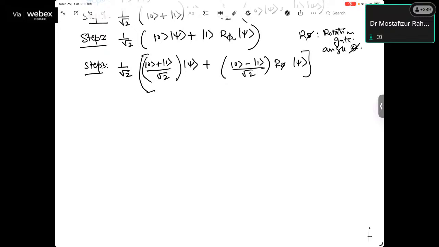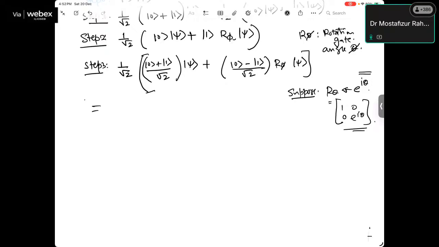Now it will do all the changes, right? Suppose I'm just writing r theta as e to the power i theta, because anyway this is equal to the matrix 1, 0, 0, e to the power i theta, right? This is the gate. I'm just replacing this matrix with this scalar quantity for easier calculations, right?